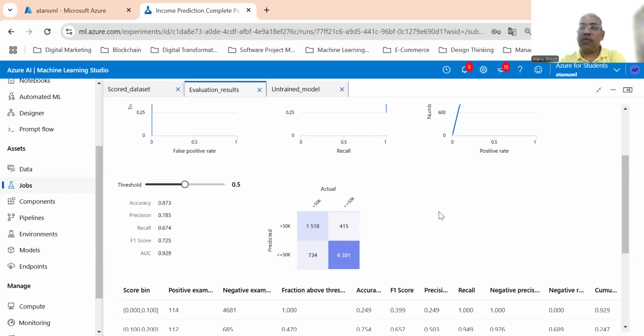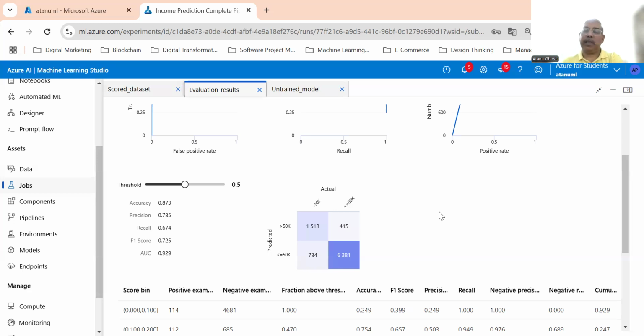So we call this the true positive class. Initially, when you are defining the classification, you need to define which is considered the positive class and which is considered the negative class. In this case, the positive class is greater than 50K and the negative class is less than or equal to 50K.